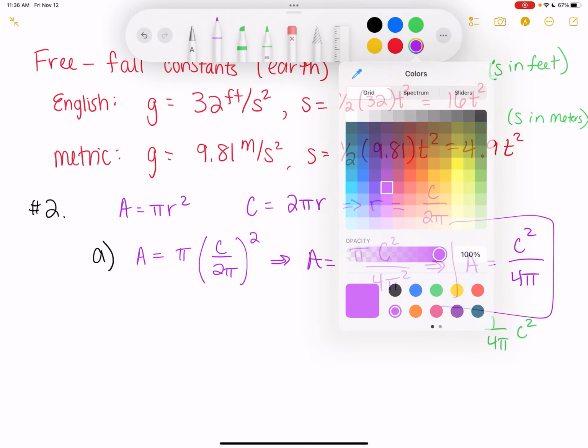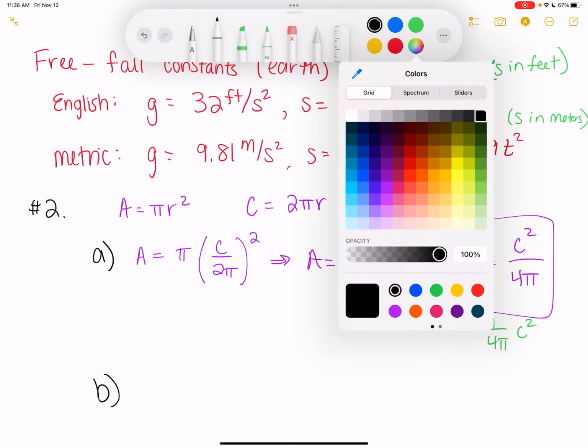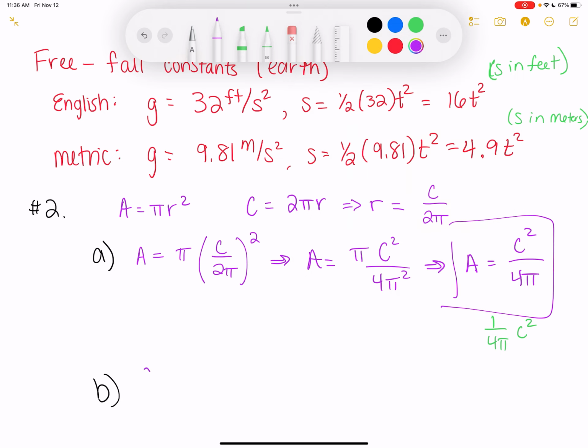Part B says, find the instantaneous rate of change of the area A with respect to the circumference C. So that wants me to find dA/dC. What is the derivative of this then?